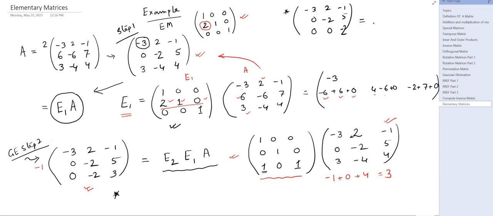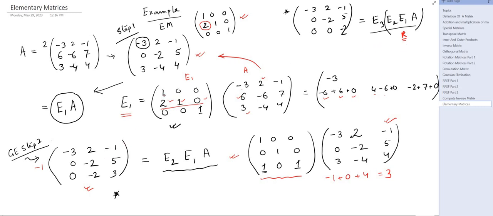But now I want to write this again as E3, E2, E1, elementary matrices multiplied by A. So we know the result of this thing. The result of this thing is basically, what is this one? This result is nothing but this one.